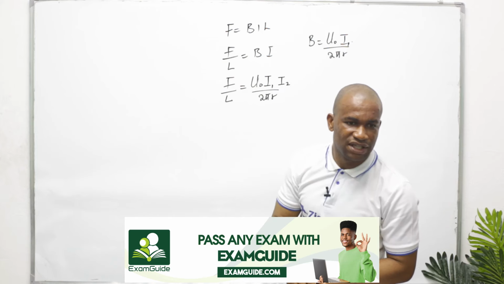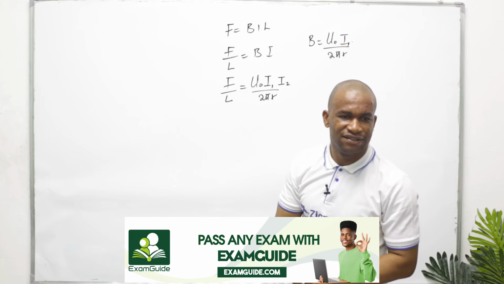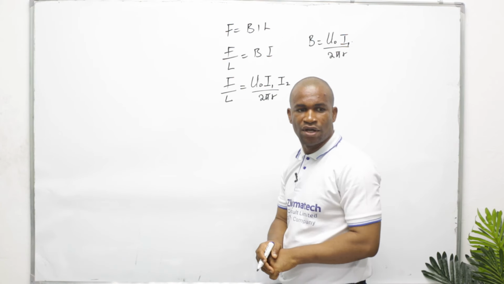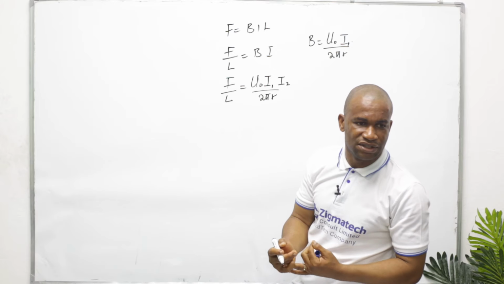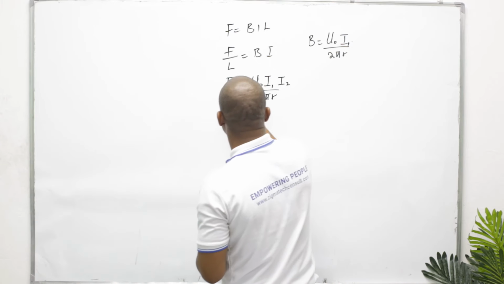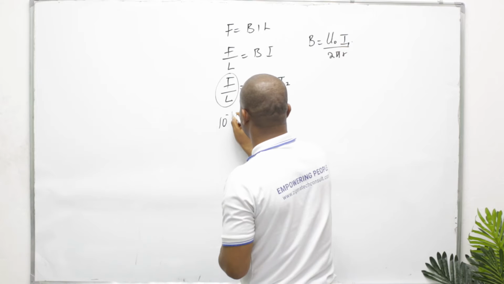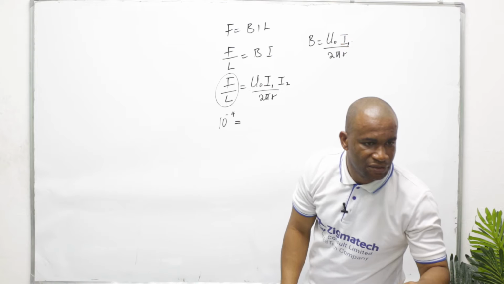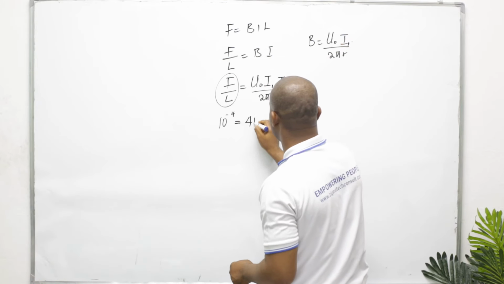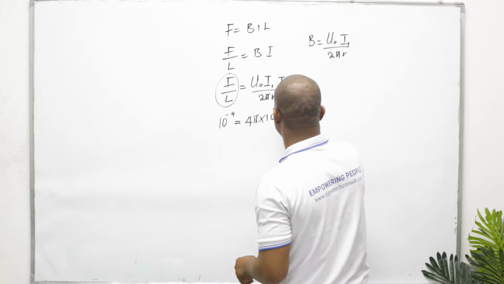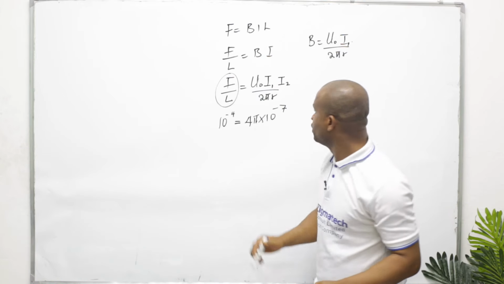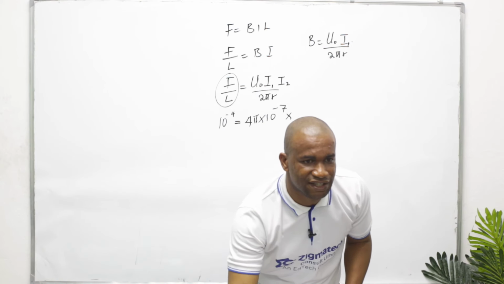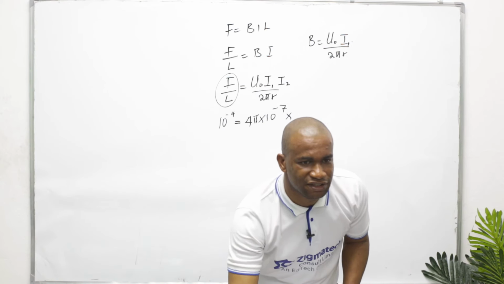But the distance between them is 20 cm, which I'm going to convert to meter. The question has given us F over L, which is 10 raised to the power minus 4. So 10 raised to the power minus 4 is equal to mu naught, already given as 4 pi times 10 raised to the power minus 7, times I squared. Now there is a statement they made that they say the same current flowing.